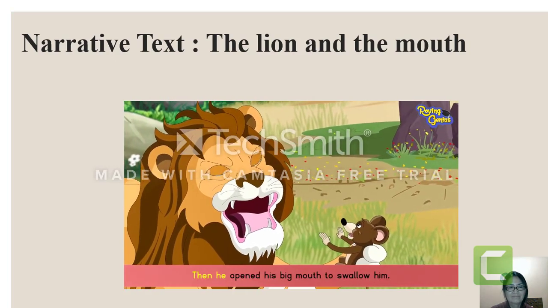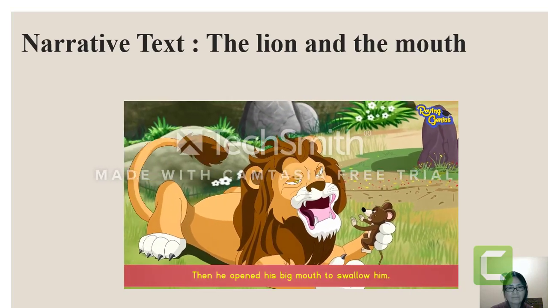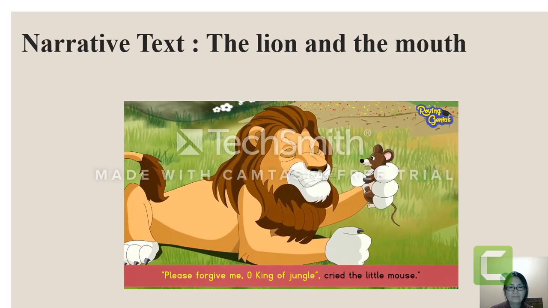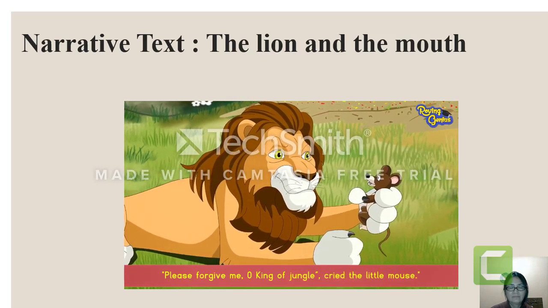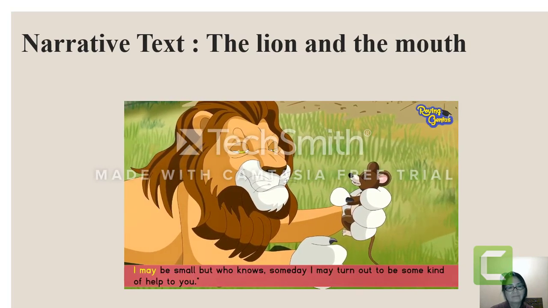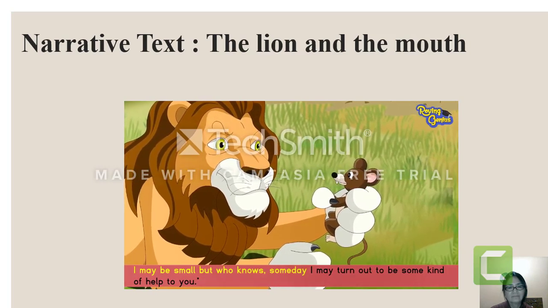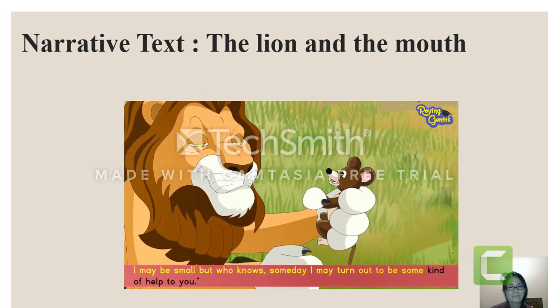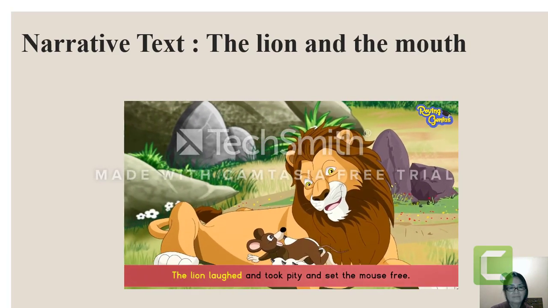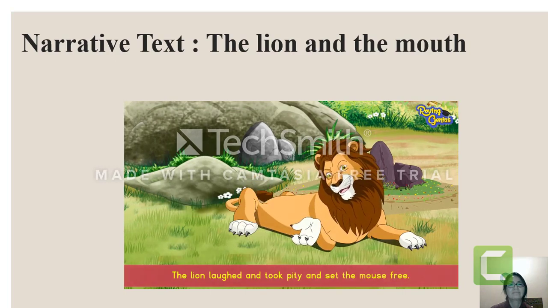Then he opened his big mouth to swallow him. "Please forgive me, O King of Jungle," cried the little mouse. "I shall never forget your kindness. I may be small, but who knows? Someday I may turn out to be some kind of help to you." The lion laughed and took pity and set the mouse free.